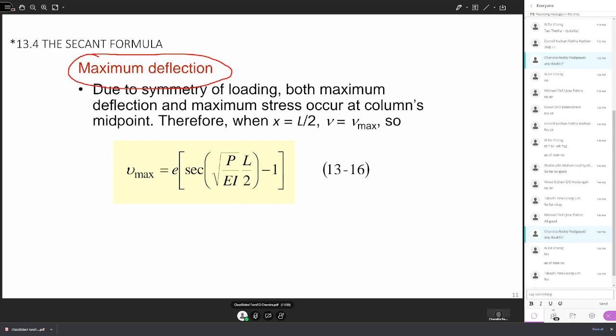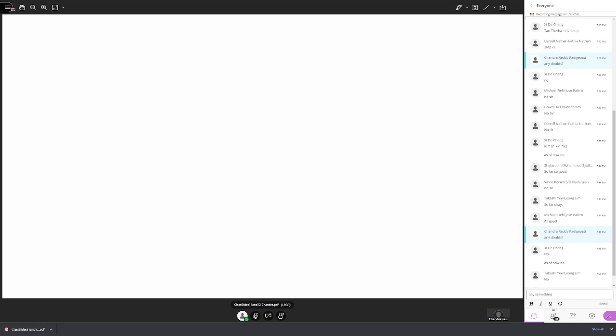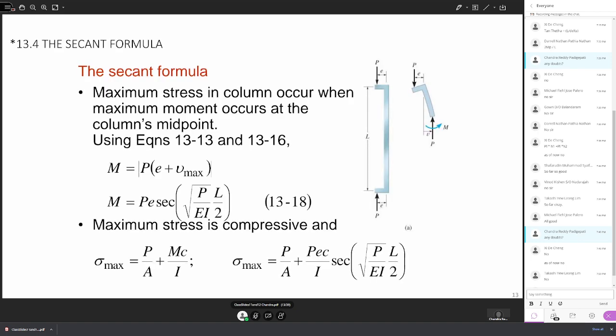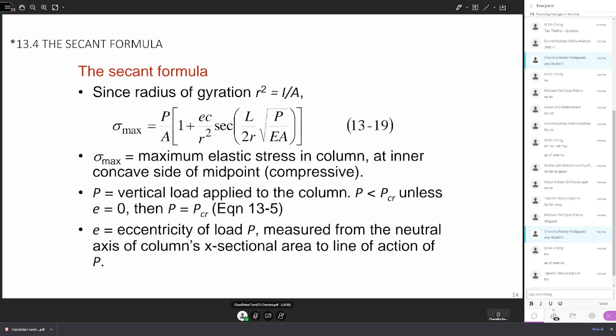We can use this formula to calculate the maximum deflection due to the load P when it is acting at an eccentricity of E. Much more important than this is the secant formula to calculate the maximum stress acting on the column's area.